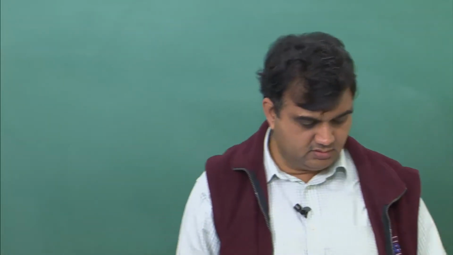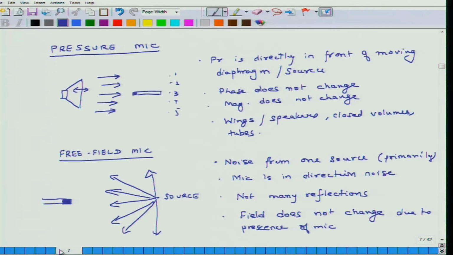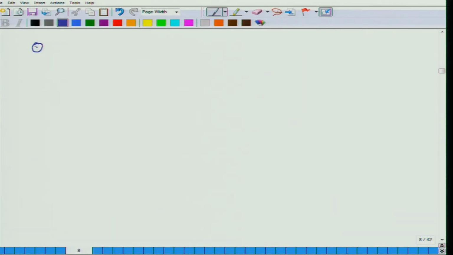And the third, so we have a pressure mic, then we have a free field mic, and then the third category of mic is the random incidence mic.